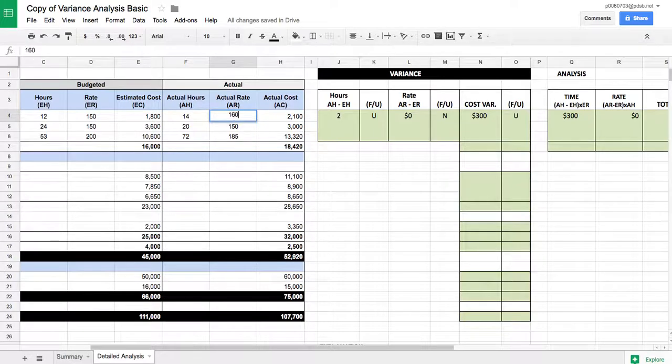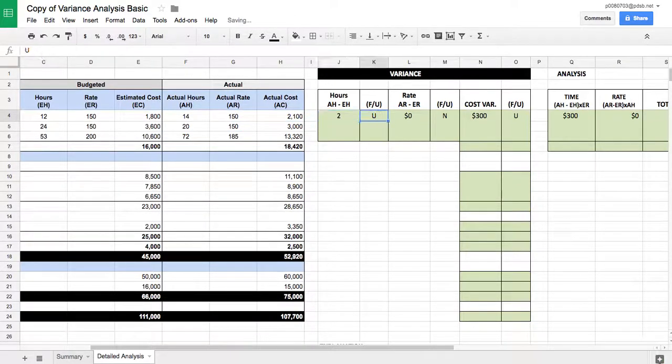So if we had our rate at $160, okay, well then our difference is $22.40. Okay, so which is over here. So that's our actual cost is $22.40. I just made a little change, but anyway, I'm just confusing you there.